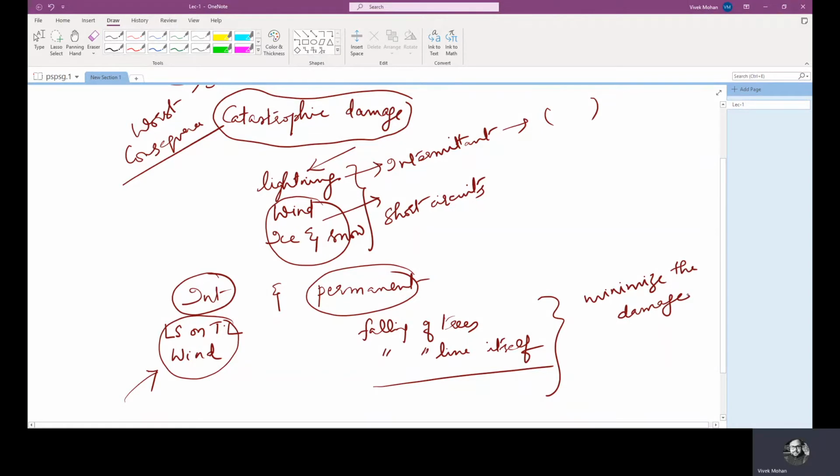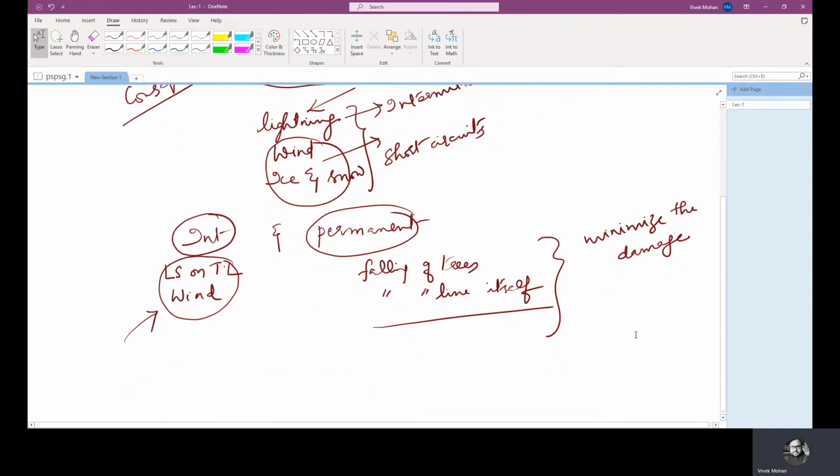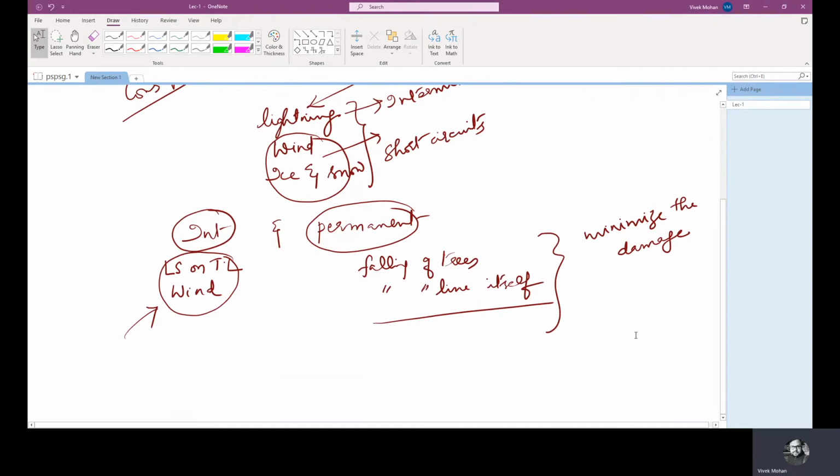Okay. Now, to keep the power system operational without any interruptions, how should the protection system be designed and operated? The specifications of components are very important.